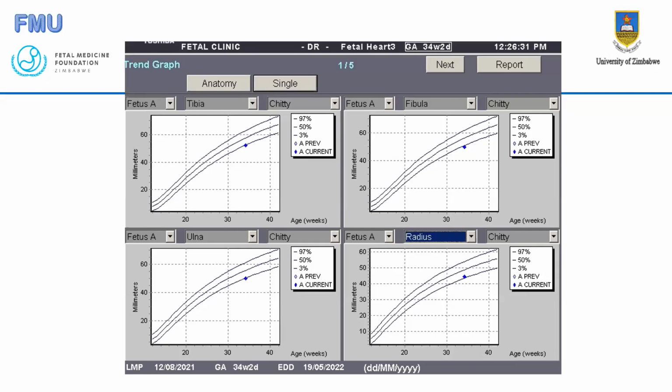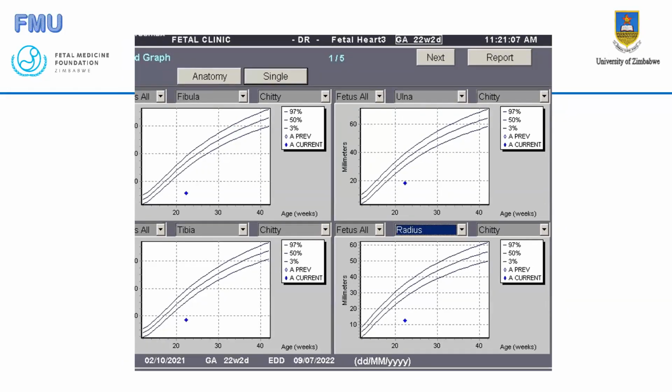So you need to make this distinction. For the marginally short long bones, there are many other causes besides skeletal dysplasia. You also have to think of things like the trisomies and so forth for the marginally short long bones. But for the extremely short long bones, invariably you are dealing with a case of skeletal dysplasia. So be aware of this when you do the measurements and you plot the long bones.